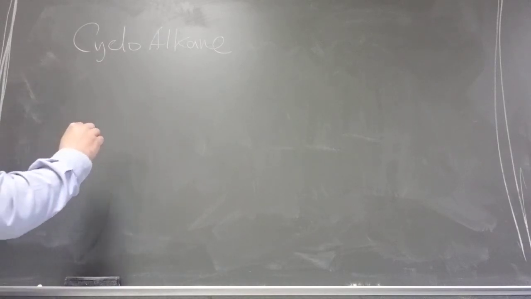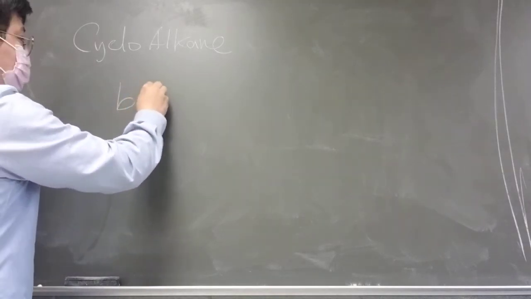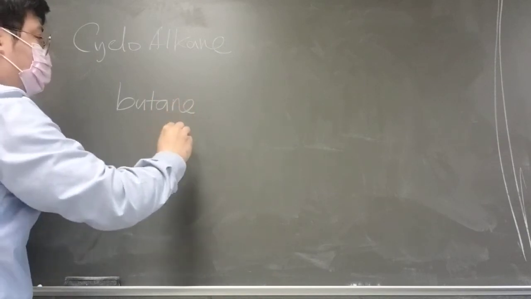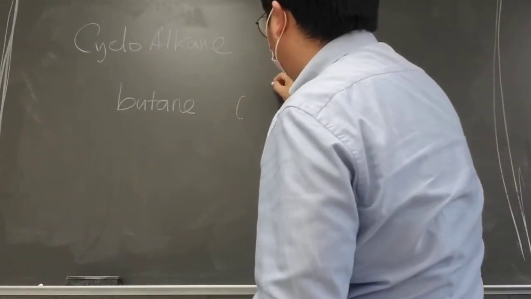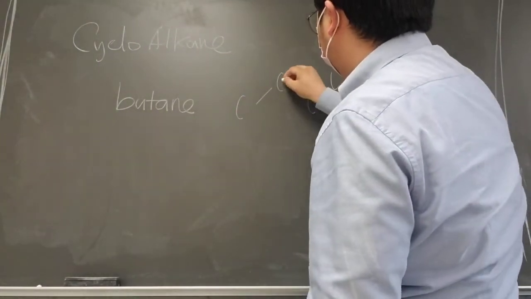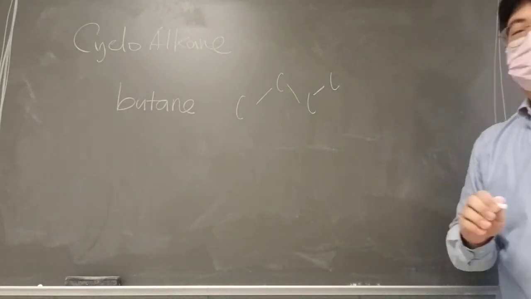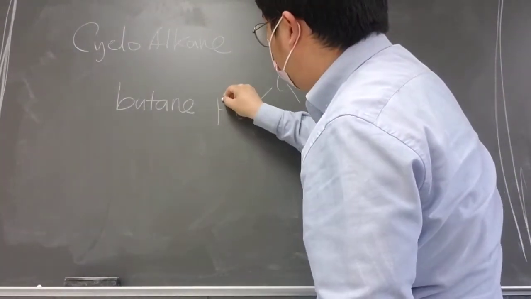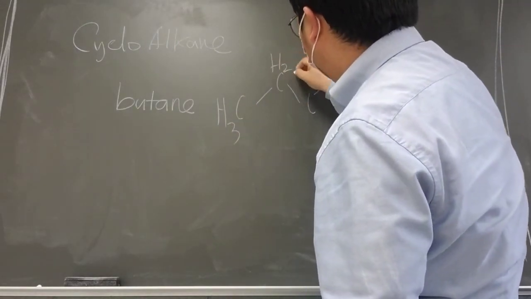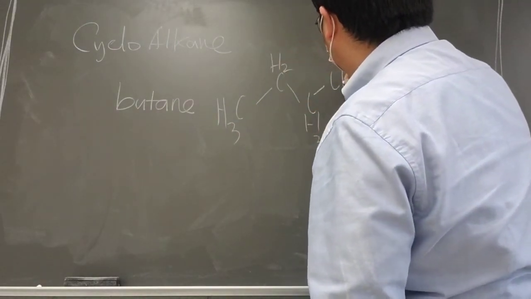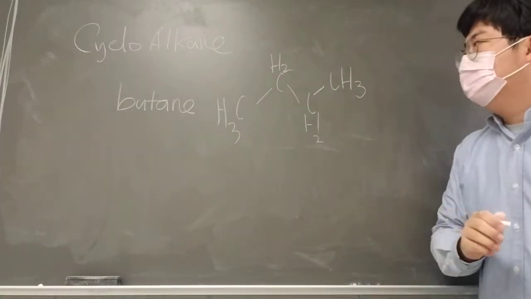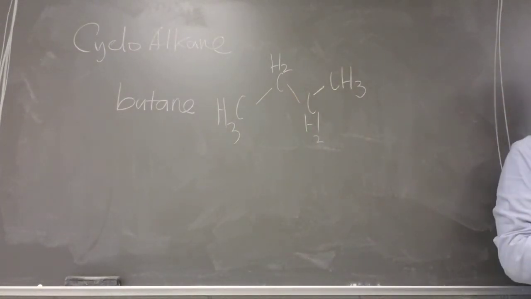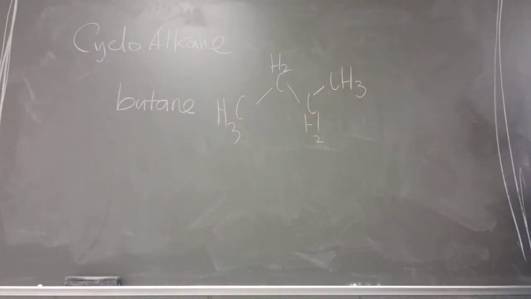So whenever you try to draw butane, it simply means there are 4 carbons in a linear shape. If you fill in the hydrogens on each carbon, this is what it looks like.